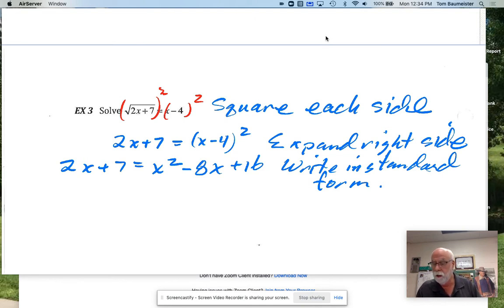Well, actually, I want to bring the 2x over. So think about it this way. I'm going to put the x squared here. I'm going to bring this over here, so it'll be minus 10x. I'm going to take that 7 over to that side, and that will give us 16 minus 7, which is equal to 9.